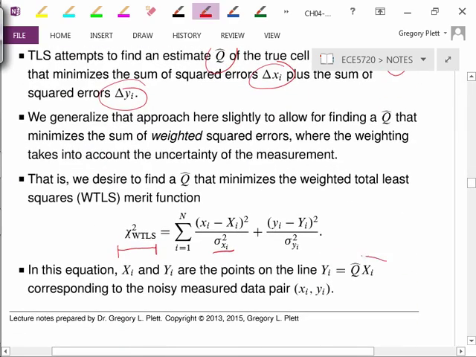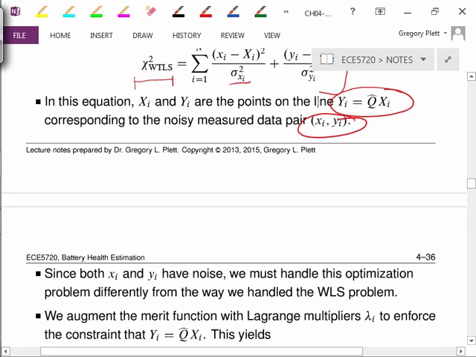We do have this equation that big Y equals Q hat times big X. Those are points on the line. Little x, little y are measurement points, and there's a mapping that we're going to have to make between little x and big X and so forth. And then we're going to optimize that mapping using this weighted total least squares cost function.